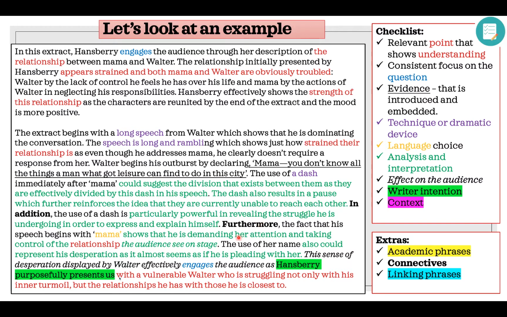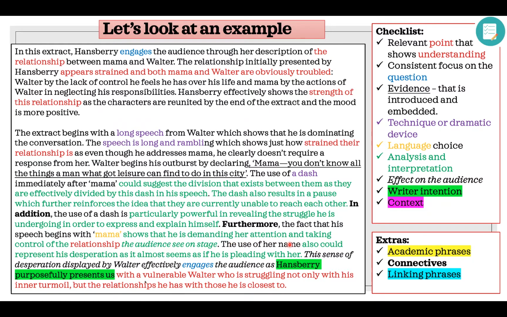Shows that he's demanding her attention and taking control of the relationship. So here we have a focus back to the point that I made initially, shows that everything I'm saying is relevant, and taking control of the relationship that the audience see on stage. So just making sure the examiner is aware that yes, I do know that this is set on stage, I do know that there is an audience, and I do know that we are watching this.